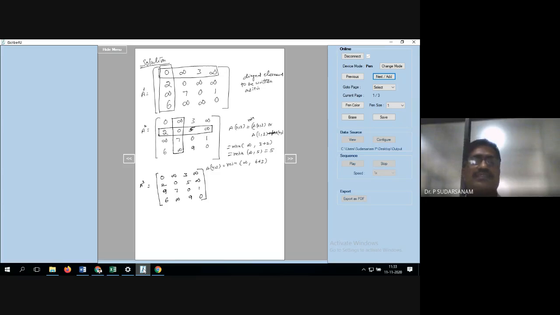That's it. Now you need to select the third row and third column. Third row and third column. So you can write directly, if you want, those values 3, 5, 0, 9, 7, 9, 1. Selected row, selected column I have written.